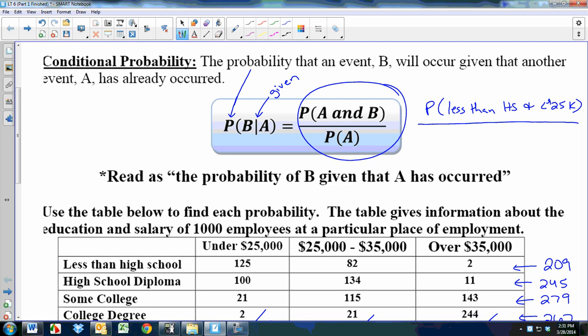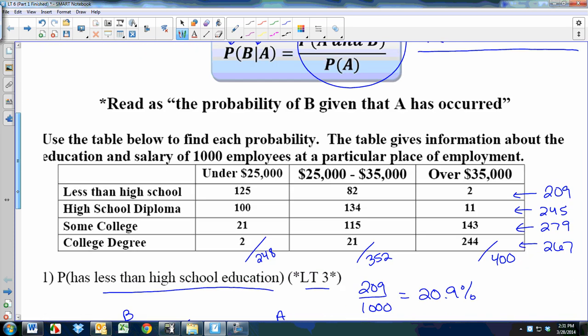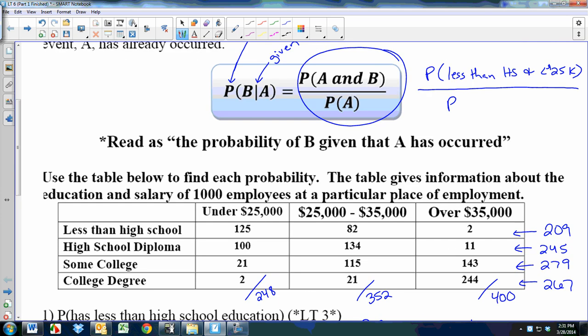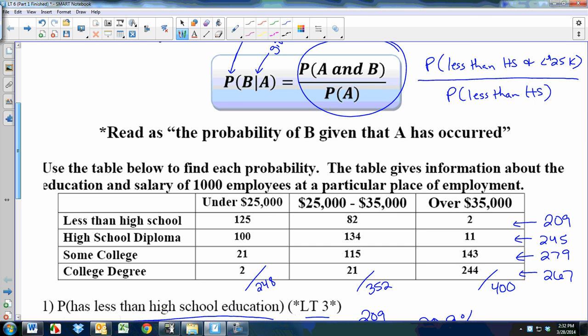divided by the probability of A, according to the formula, and in our question here, it's less than high school education. So divided by the probability of less than high school education. That's a strict use of the formula. So let's find the two probabilities. First, the probability of getting a person less than high school and under 25.